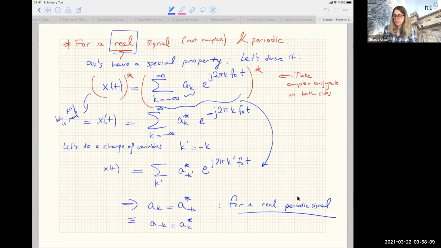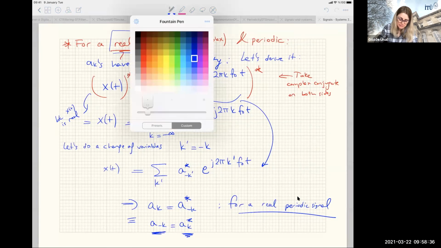It's really saying that the negative frequency components, think of the spectrum representation, are complex conjugates of the positive frequency component coefficients. And we've been seeing this time and time again, because we've been working with real sinusoids. This is an important property, guys.